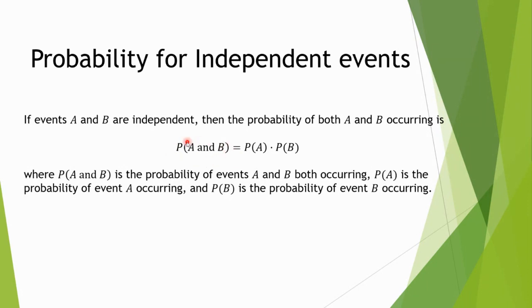The probability of events A and B occurring is equal to the product of their probabilities. That's what this is telling us. That's if they're independent. If they're not independent, then you have to do something else.